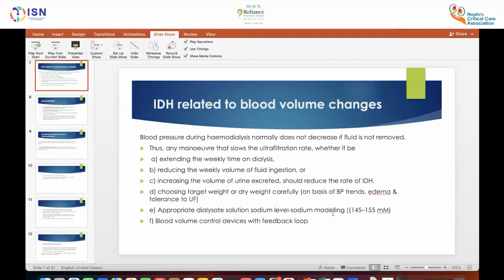What is the sodium content versus sodium concentration? Sodium concentration is your plasma sodium concentration. That is 140 milliequivalents per liter or 142 milliequivalents per liter, whatever you are saying. Okay. But sodium content is different. The sodium content is the total sodium in your body.